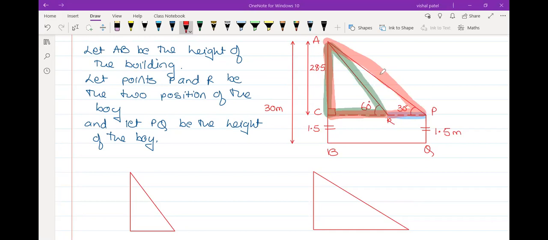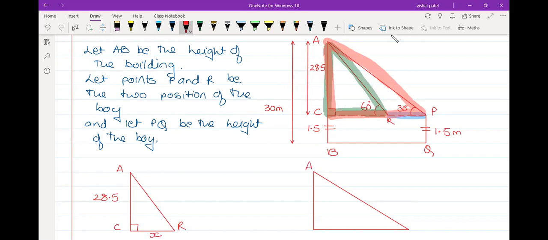Is that clear, all of you? Yes, sir. Okay, now what I'm doing is, first I'm writing the green triangle. A, C, R. This is 90 degree. This is 28.5. In place of CR I will write X. Now I'm writing the red triangle.